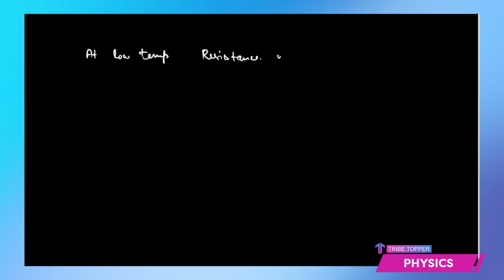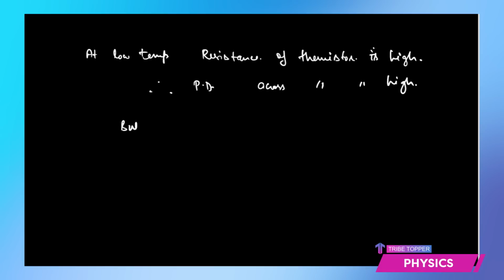And since the resistance of the thermistor is high, what can you say about the potential drop across the thermistor? Of course, that will also be high. So the potential drop across the thermistor is high. But as the temperature rises, that's the purpose of a sensor, right? When the temperature rises, the sensor should detect it. So as the temperature rises, the resistance of the thermistor falls.